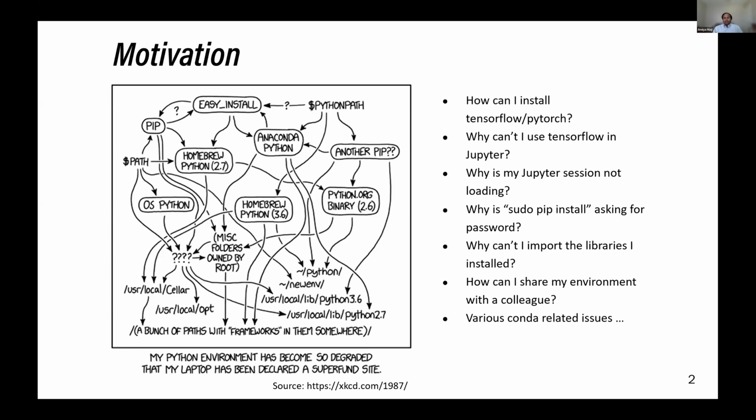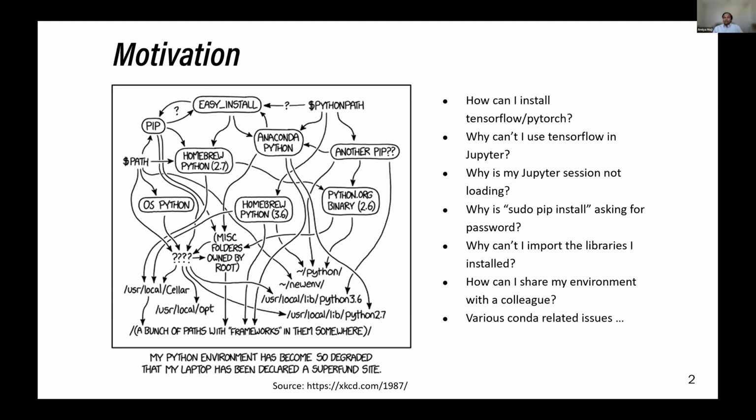Beginning in 2018, 2019, we started getting a lot of complaints from our students, faculty and researchers at Purdue. They were asking sometimes simple, sometimes very complex questions about Python package installation. Simple questions like, how can I install TensorFlow or PyTorch?